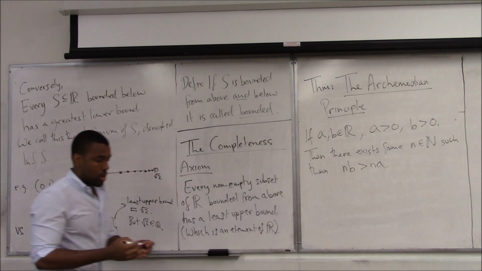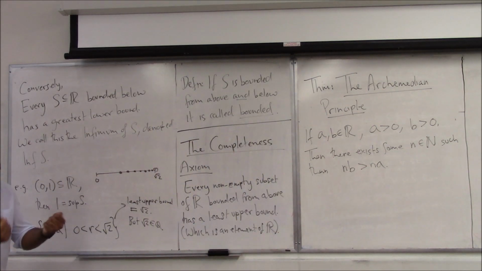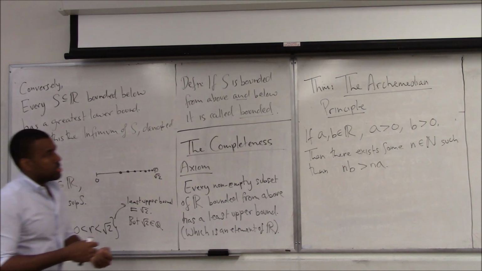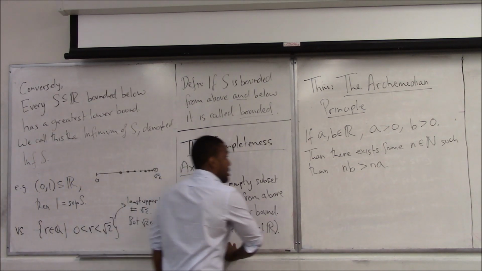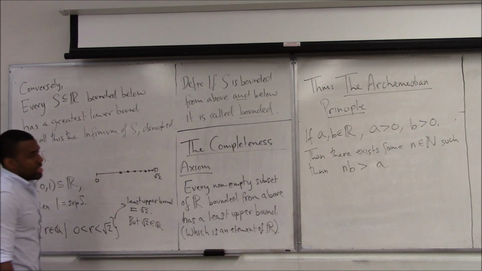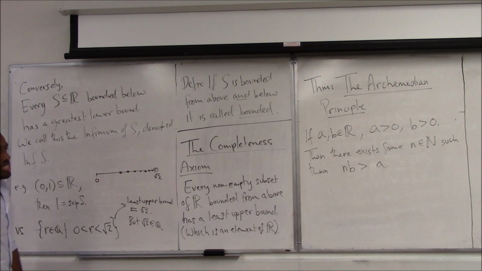This is called the Archimedean property. Okay? Give me any two positive numbers. There is a natural number such that I can take the natural number times either one of them and exceed the other.